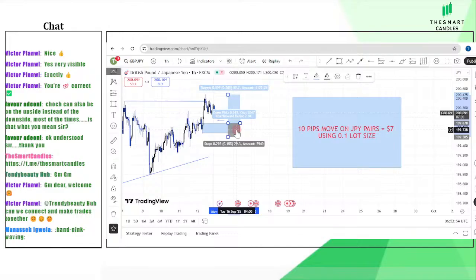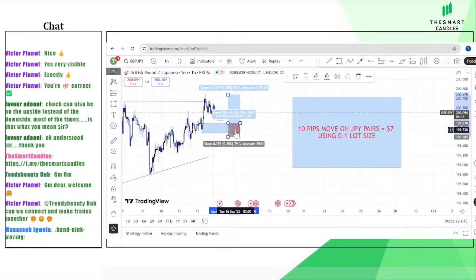So I do $7 times 3, as if it were 30 pips. 7 times 3, I have 21. That means if I use 0.1 on this trade, I'll be losing $21.